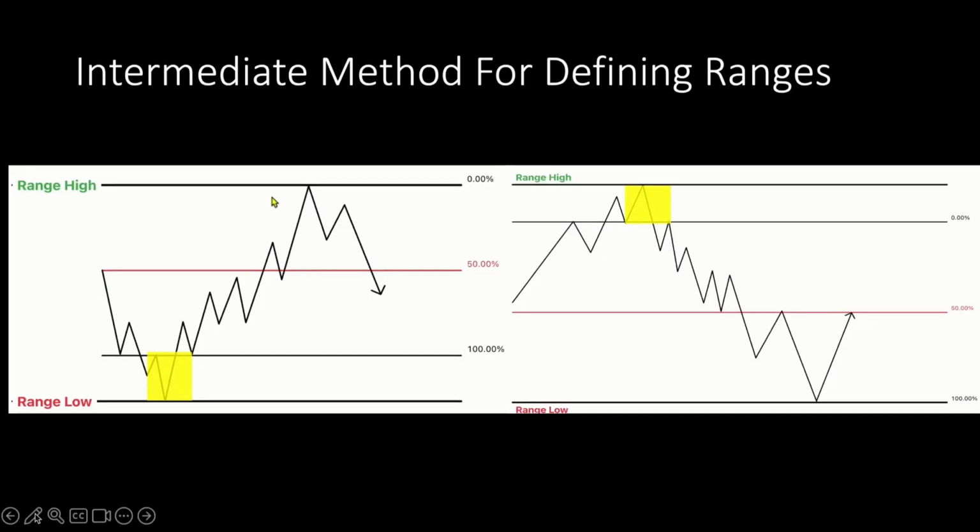If, for example, this expansion leg higher made price trade above an old high, above external range liquidity relative to the range from that high that formed somewhere right here to the low, price creates a new high, so it has taken out external range liquidity. What can it retrace towards now? Towards internal range liquidity, towards 50% of that new DN range.